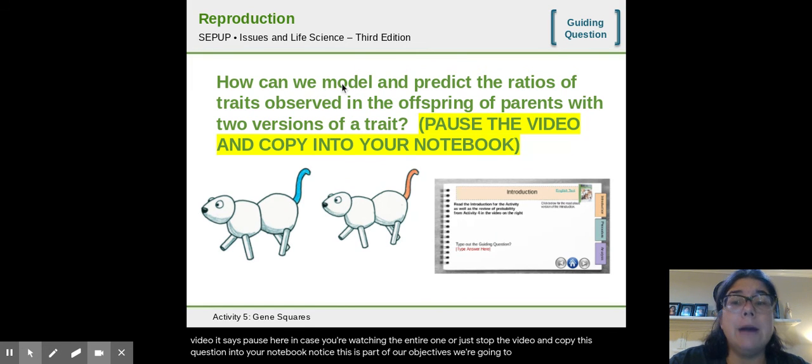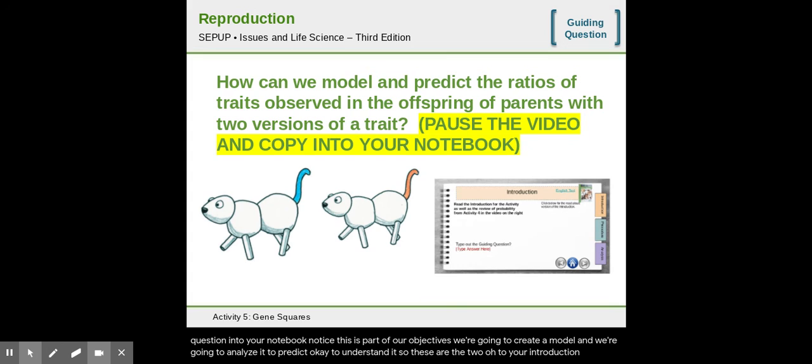We're going to create a model and we're going to analyze it to predict, okay, to understand it. So these are the two things that we're going to be doing. So go to your introduction, and I want you to type it in right there. And we're going to go ahead and stop it now.